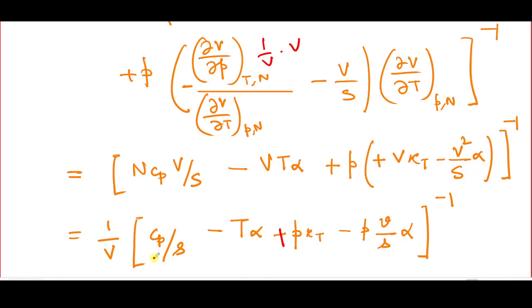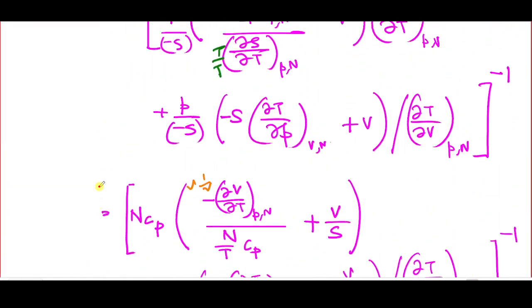Now a quick check of whether this sort of makes sense. The whole expression here, which is in the denominator, turns out to be an intensive variable because it's composed entirely of intensive variables. And the overall thing is a 1 over V. So this is really the reciprocal of an extensive variable. Let's just check whether that is what we expect.